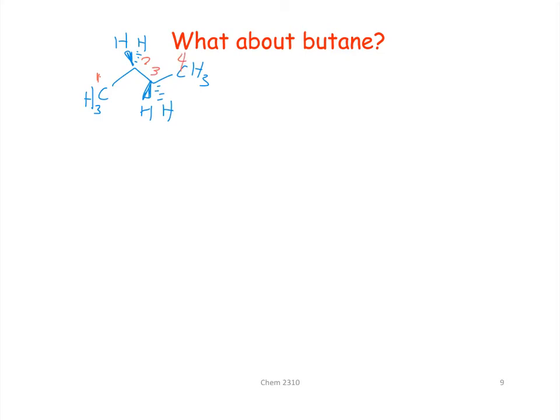And so we want to do a Newman projection down the C2 to C3 bond. Okay, so what this means is we're going to look right down this bond right here.